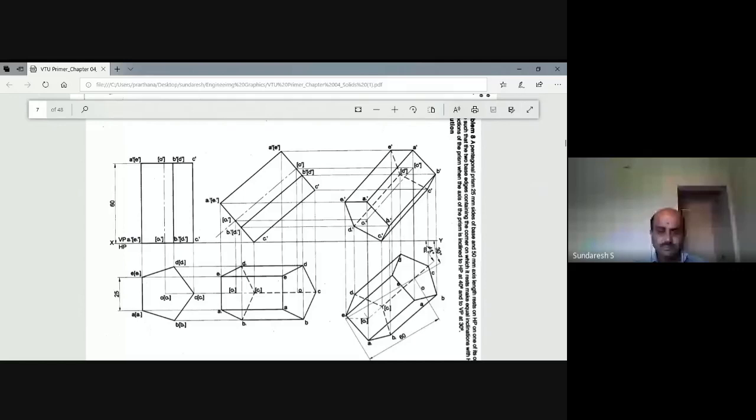The same concept as we did in the previous one. First, you draw a line at 30 degrees with respect to VP. The angle of inclination they have given with respect to VP is 30 degrees. So draw a line inclined to VP at 30 degrees, and please take a convenient distance below the XY line. Be careful, because not even a single part of this top view should go above the XY line.